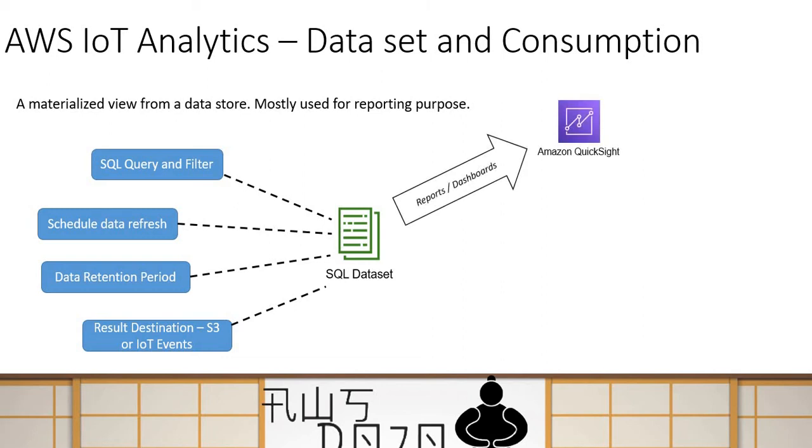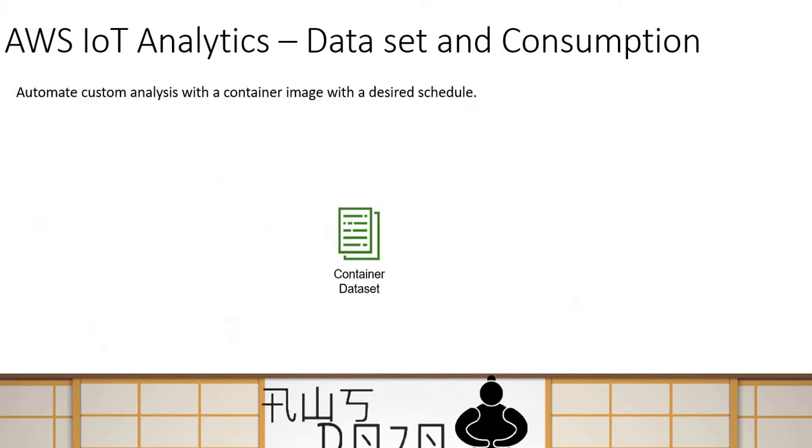So again, the SQL data set is primarily used for reports and dashboards, but you can also use a SQL data set with a Jupyter Notebook to do some kind of interactive analytics. Okay, having talked about the SQL data set, let's talk about the container data set.